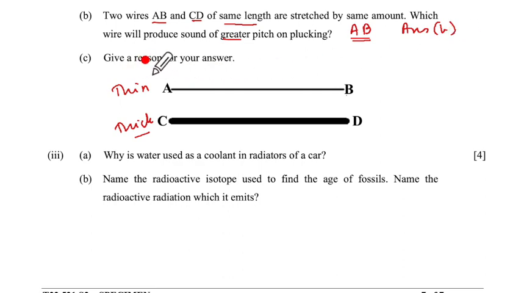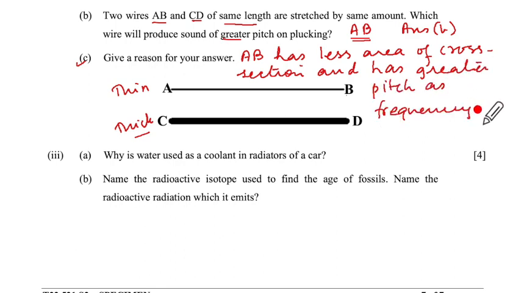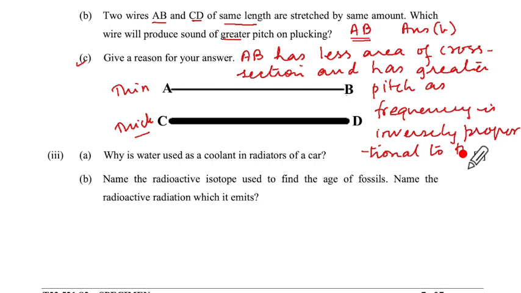Now they say that give reason for the answer in your C part. So you will say that AB has less area of cross section and has greater pitch as frequency is inversely proportional to the area of cross section, into bracket radius.